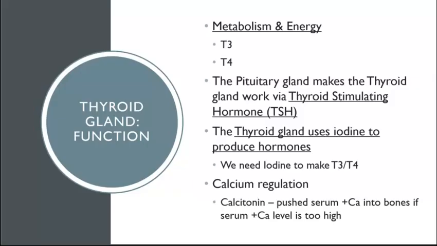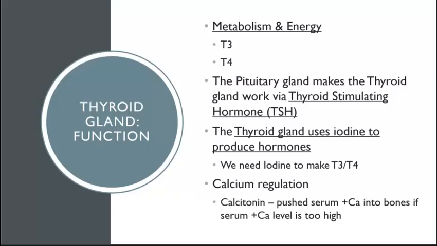So metabolism and energy come from T3, T4. That is what your thyroid secretes. It also secretes calcitonin, but we'll get there. T3, T4 are the hormones that maintain your metabolism and energy. How does T3, T4 get released? Well, the hypothalamus tells the pituitary gland to stimulate the thyroid, and then the thyroid releases T3, T4. There's a caveat though.